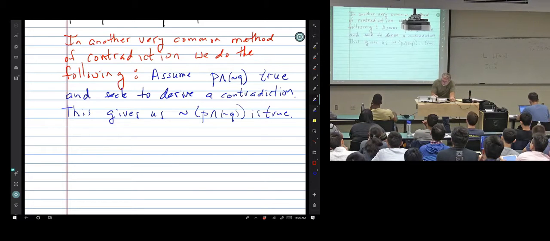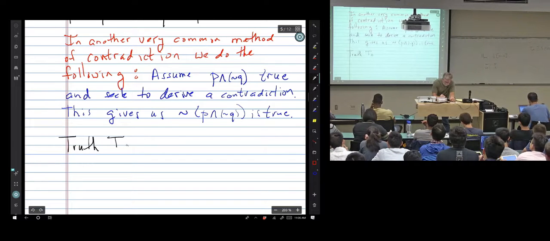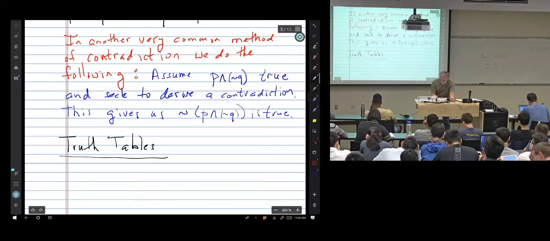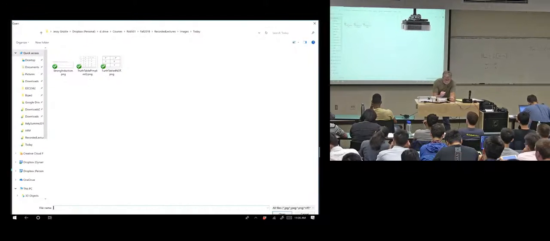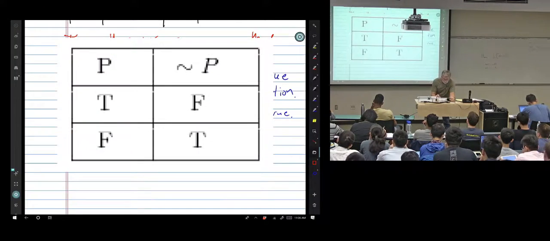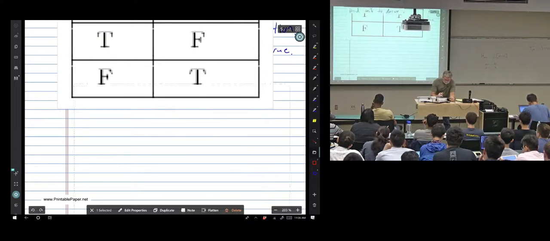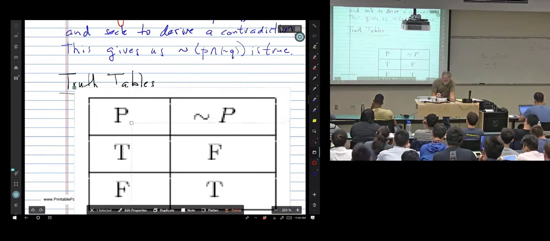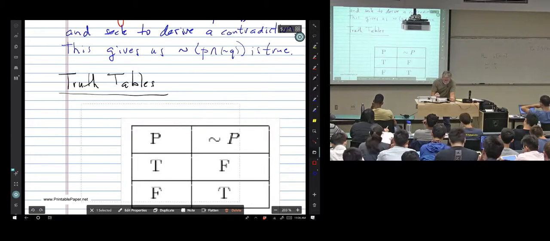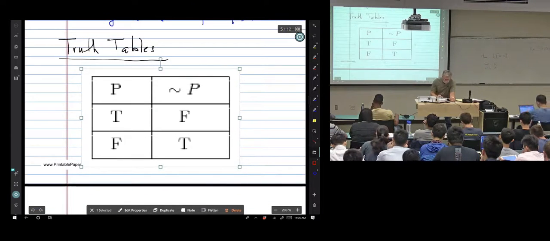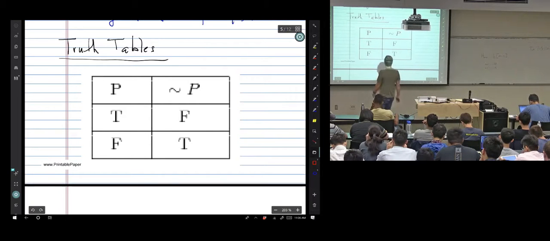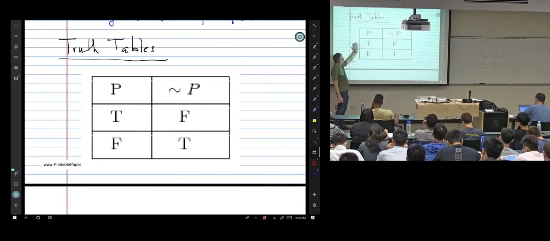Okay, so truth tables. Okay, sorry for the eye test, okay?